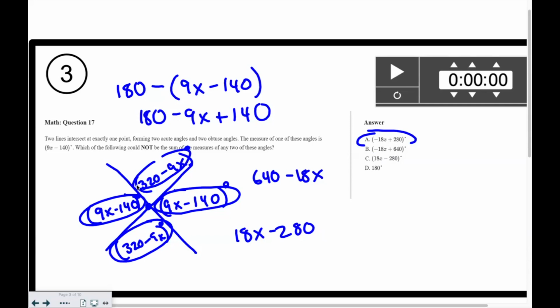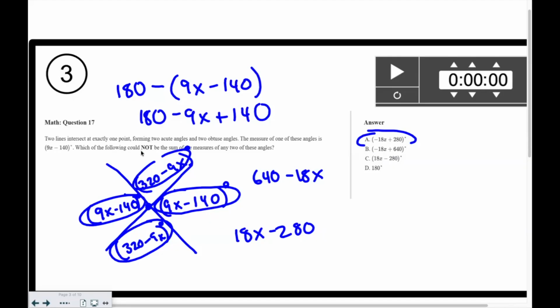Yeah, okay. I understand the congruent, and what the angle is supplementary to, the 320 minus 9x. But I thought B was the answer. So I'm a little confused on why B isn't. I see B on here.